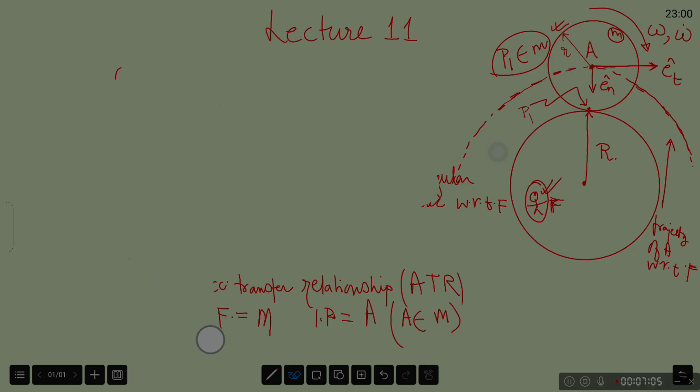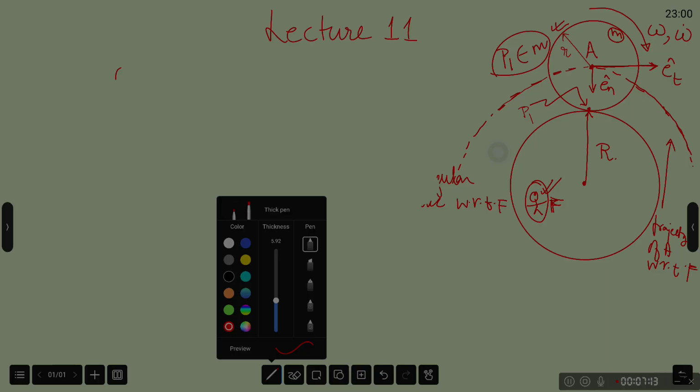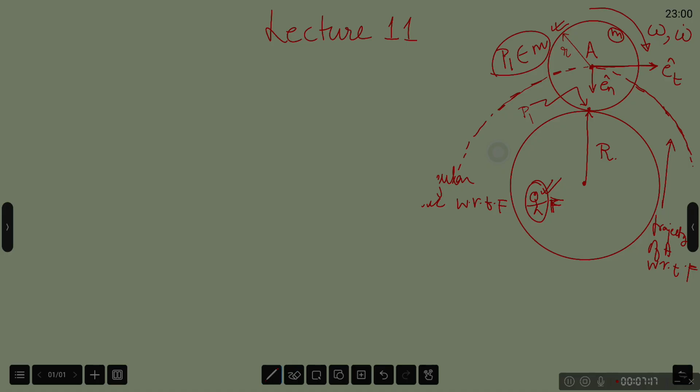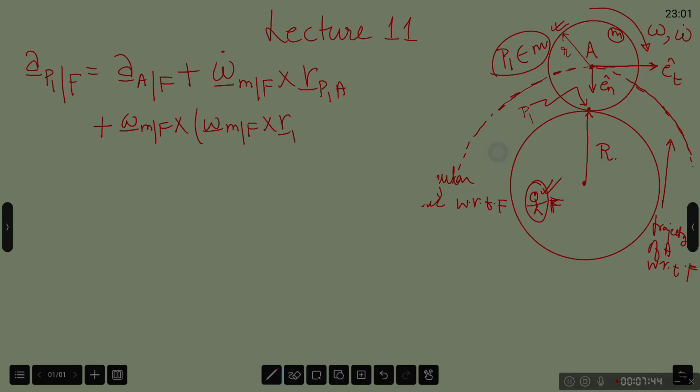Okay, so I'm going to use this space to find AP1F. AP1F is going to be written as this.